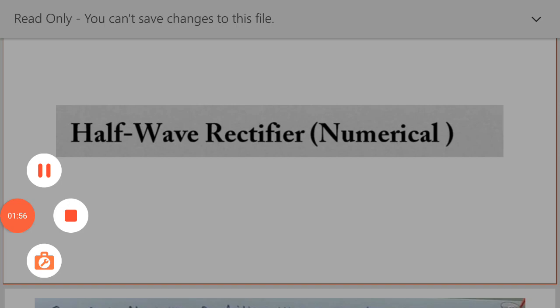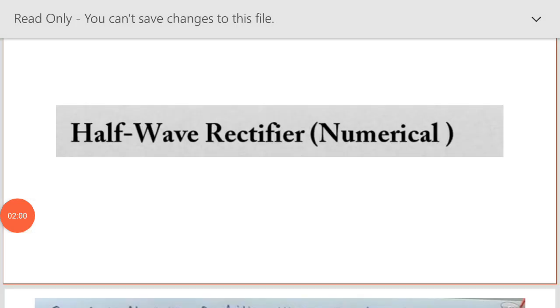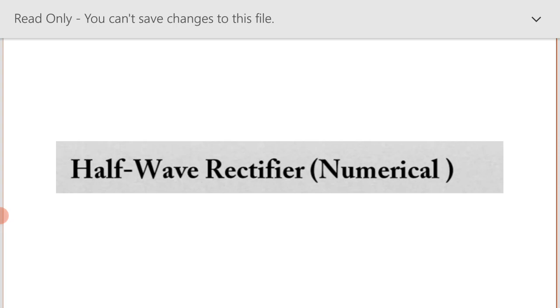In the half wave rectifier, only one diode is used. When the input AC analog supply is given to the circuit, in the positive half cycle diode D1 conducts, meaning diode D1 is on. In the negative half cycle diode D1 does not conduct, meaning it is in the off state.